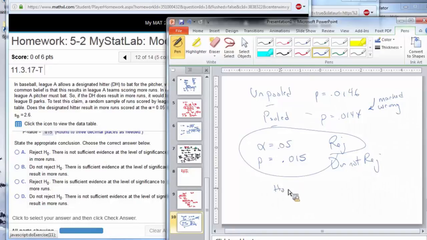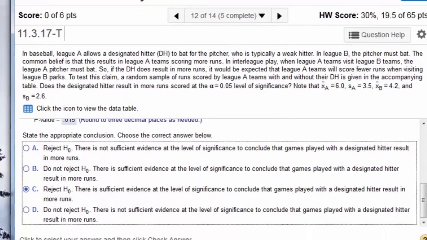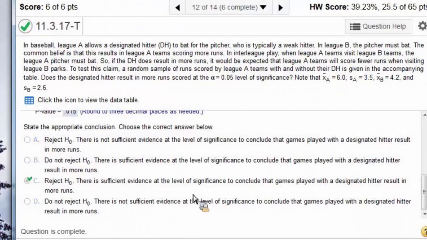The null hypothesis is the same runs, and the alternative was more runs. So we reject the null hypothesis, and we believe the alternative. There is sufficient evidence to conclude that this results in more runs. Okay, so that's problem 12.